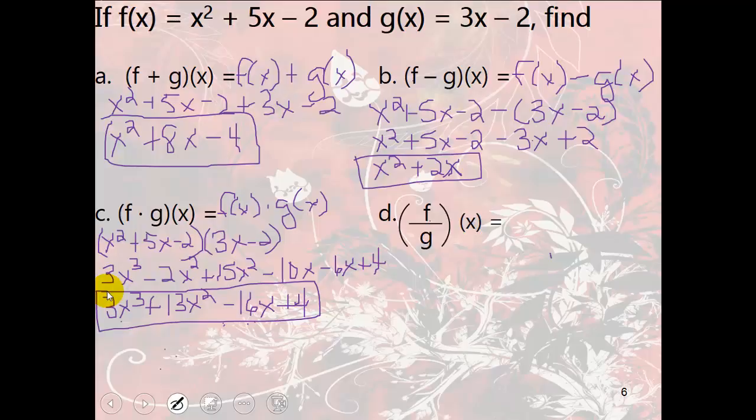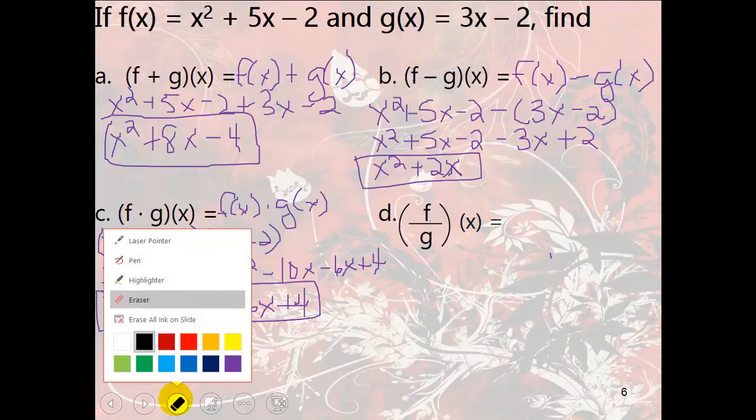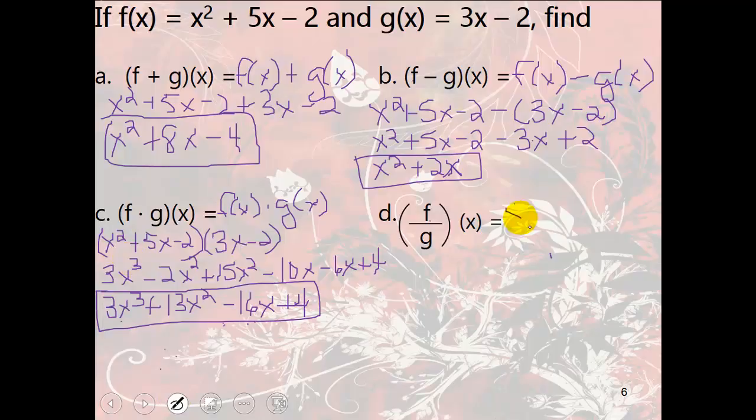All right, so this one we're going to find f over g of x. So we're going to do x squared plus 5x minus 2 over 3x minus 2.